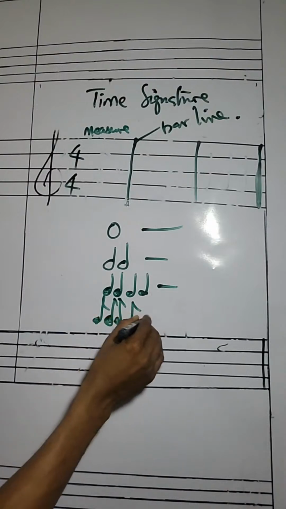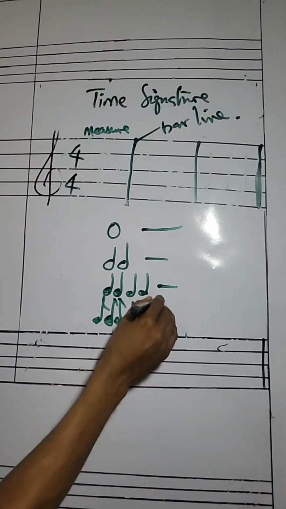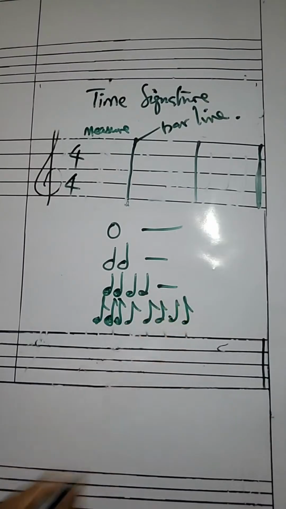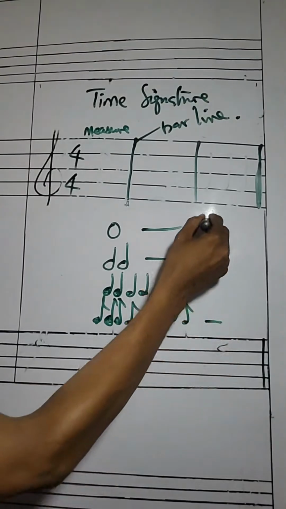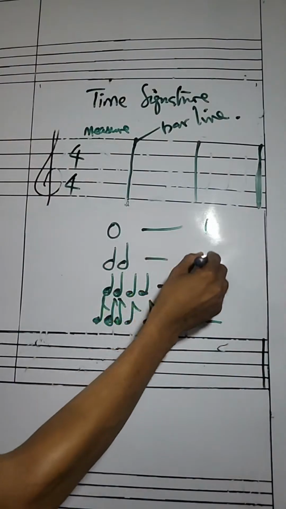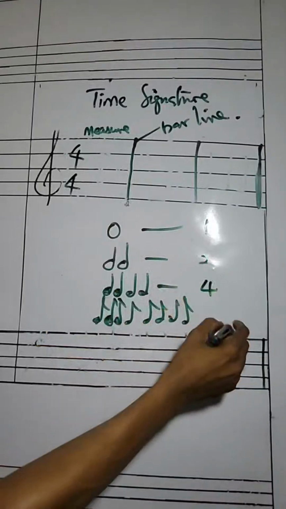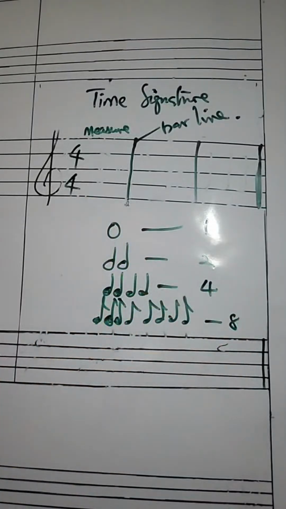So we have 1, 2, 4, 8. 2 will make 1, 4 will make 1, 8 will make 1.